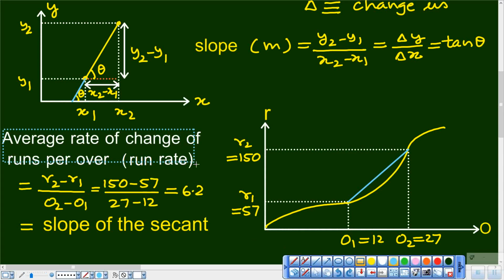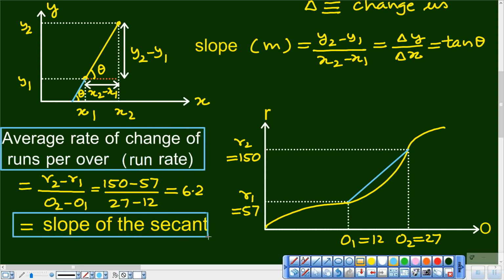That is, the average rate of change of any variable with respect to another is nothing but equal to the slope of the secant. This is a very important notion.